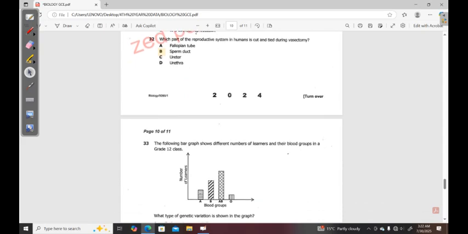32. Which part of the reproductive system in humans is cut and tied during vasectomy? A. Fallopian tube. B. Sperm duct. C. Ureter. D. Urethra. Okay, so firstly you have to ask yourself what type of procedure vasectomy is. So vasectomy is a surgical procedure for male sterilization. So it's a permanent birth control.